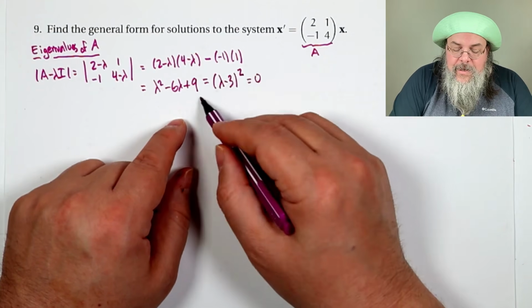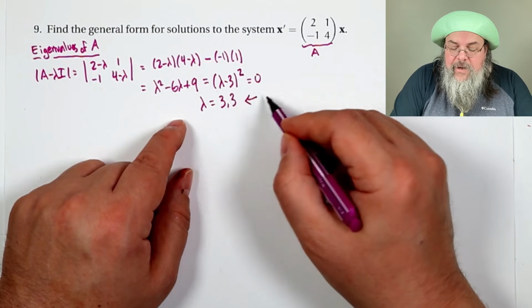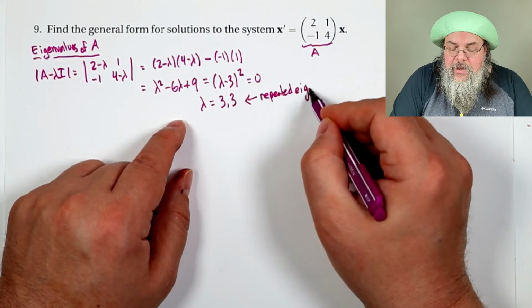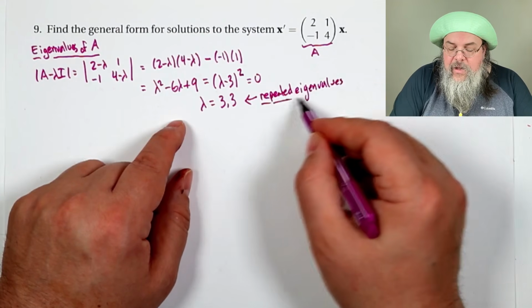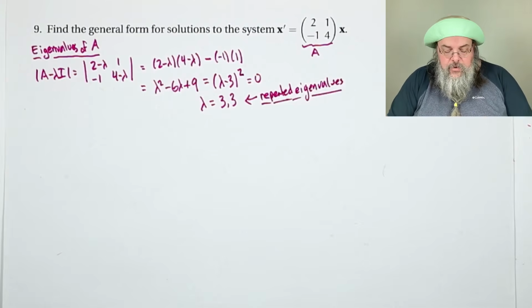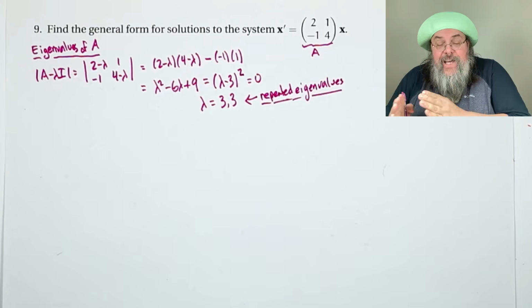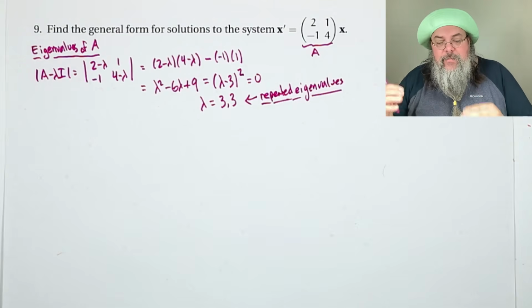Which means what? We have repeated eigenvalues. Okay, cool. Now that puts us into sort of a new territory. And when you have a 2 by 2, if you have repeated eigenvalues and your matrix is not boring, and what do I mean by boring matrix?